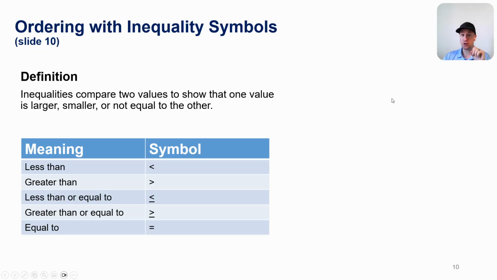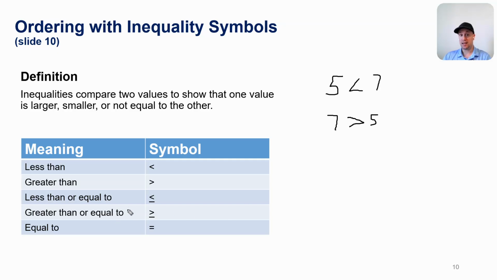Inequalities compare two values to show that one value is larger, smaller, or not equal to the other. So for example, this first one, I have a less than symbol. This would be, for example, 5 is less than 7 as an example, right? Greater than would be if I went the other way. So let's say I switch the order of the numbers. I could do 7 is greater than 5.